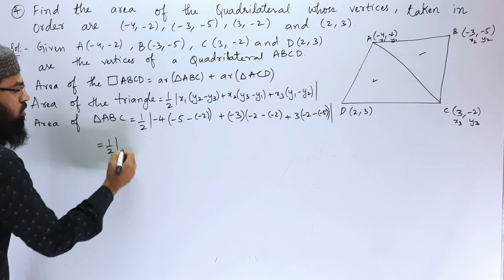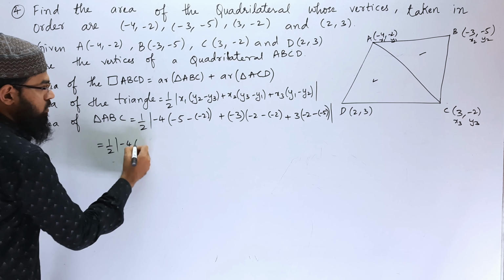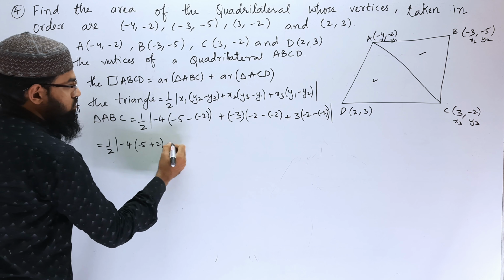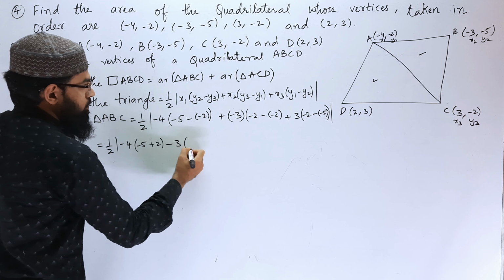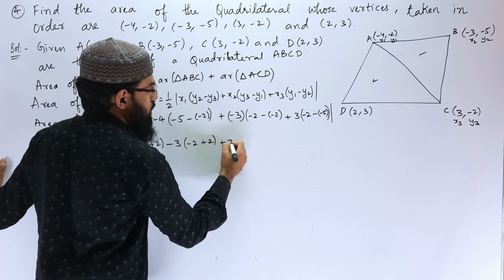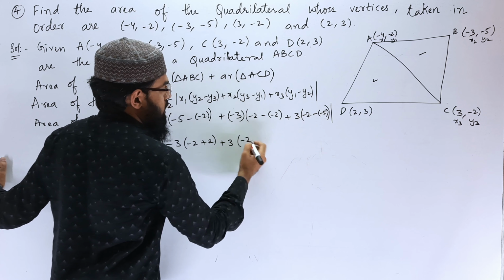Half mod minus 4 into minus 5 minus of minus 2, plus minus 3 into minus 2 minus of minus 2, plus 3 into minus 2 minus of minus 5.